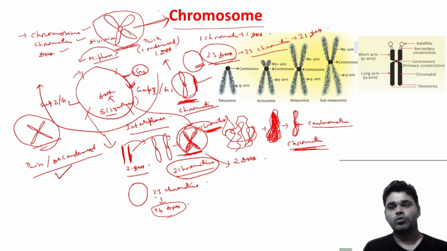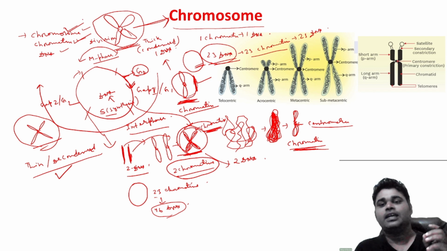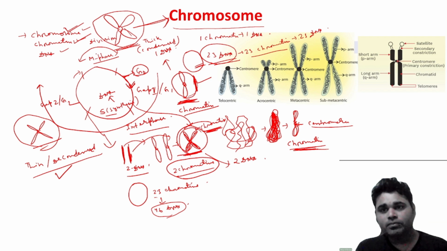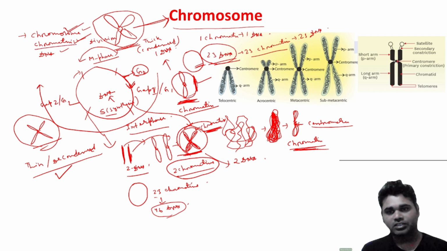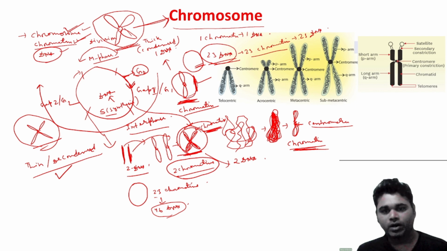So what is the difference between the chromosome and the chromatin? The chromosome is the thick and condensed structure that is present during the M phase, but the chromatin is the thin and decondensed structure that is present in the interphase. And what is the DNA? DNA forms the chromosome.